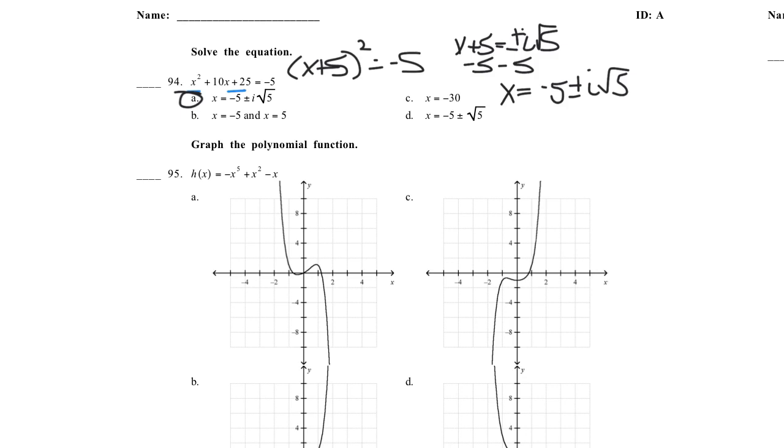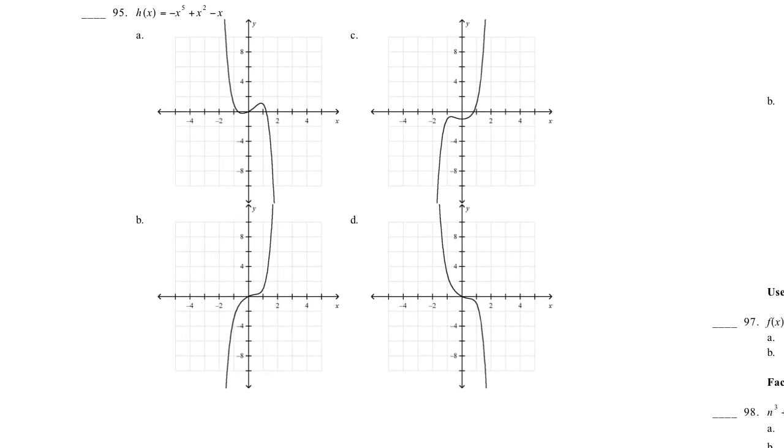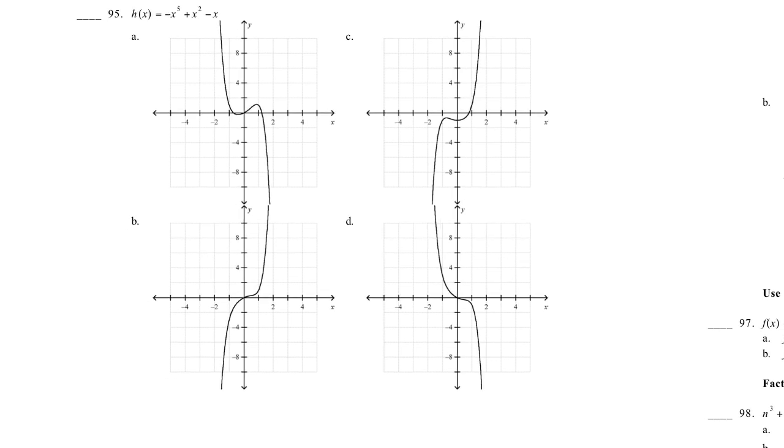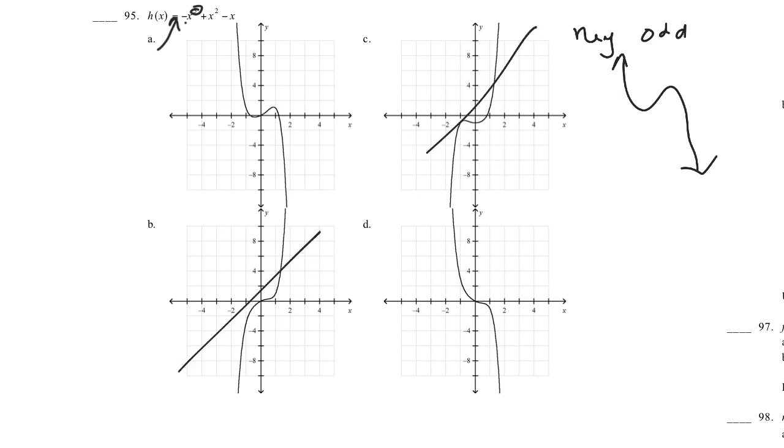Number 95, graph the polynomials. We didn't do too many of these, but this end behavior tells us that it's negative and it's odd. So negative, odd is up and down. So that can eliminate C and B. And now I want to just plug in a number and see if I get something close.